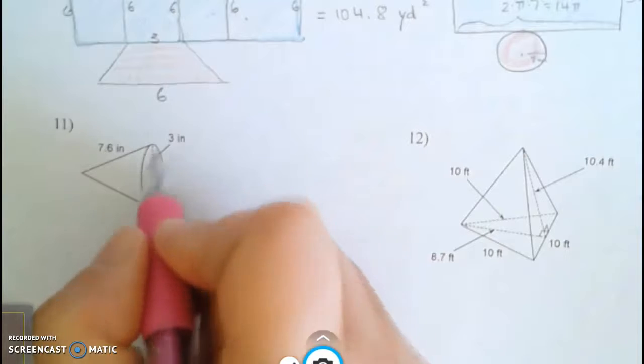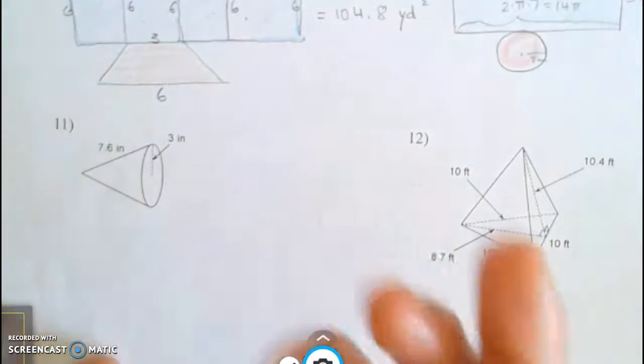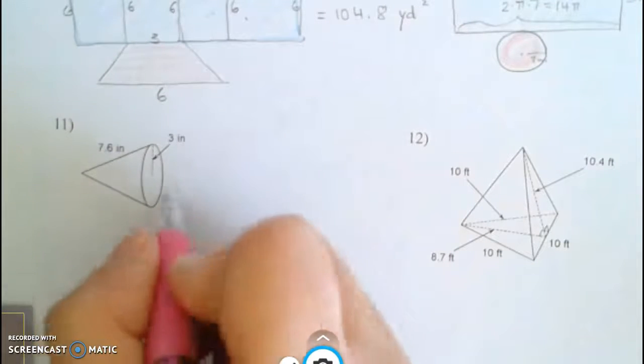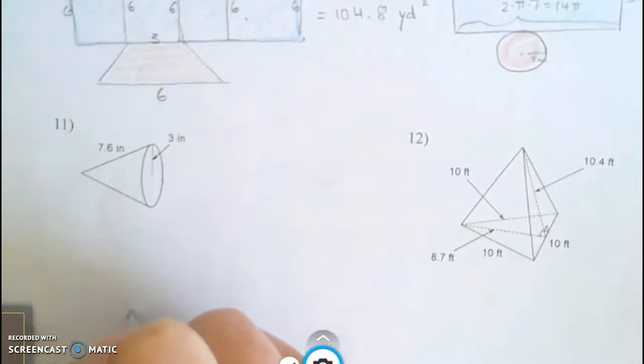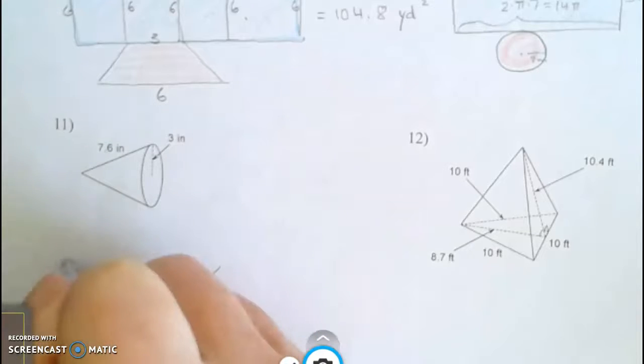It's a cone on its side, right? Just because it's rotated to the side does not mean that it is anything other than a cone. So it is still a cone, with the bigger area being the sector.